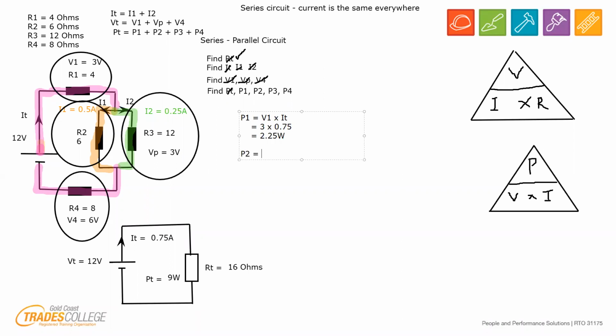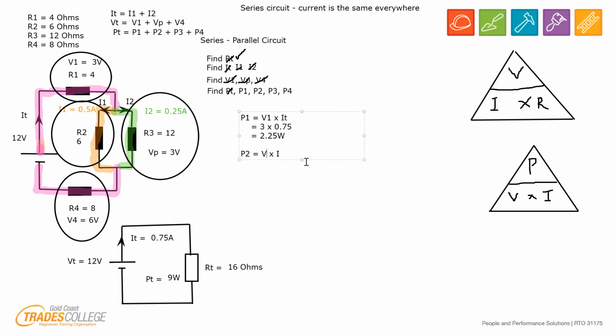P2 equals V times I. Let's have a look at which ones we need to use. P2 is in this area, so be careful because we are not using IT and we're not using V1. What are we using?